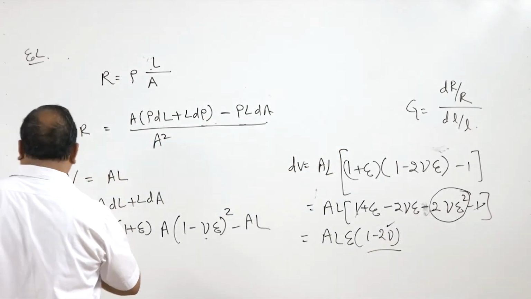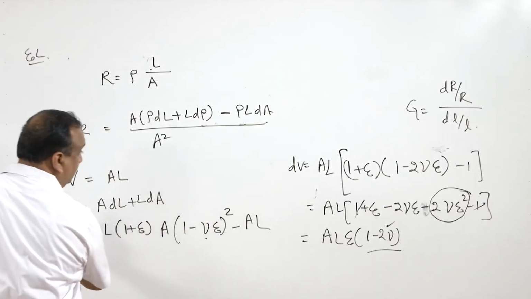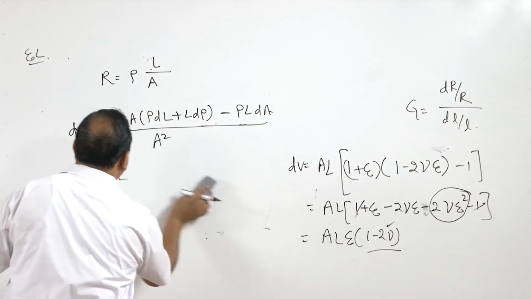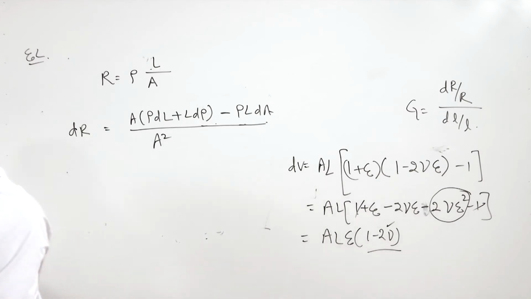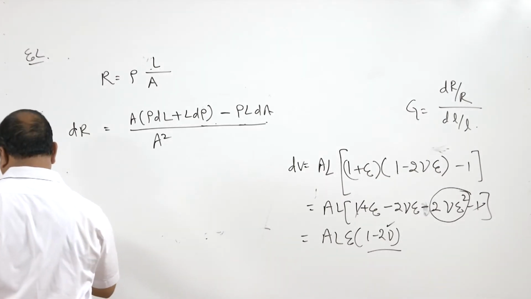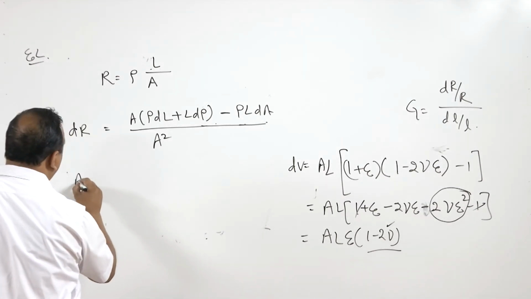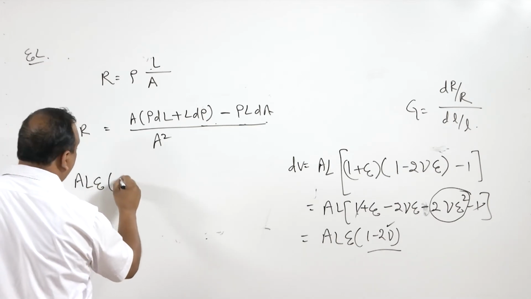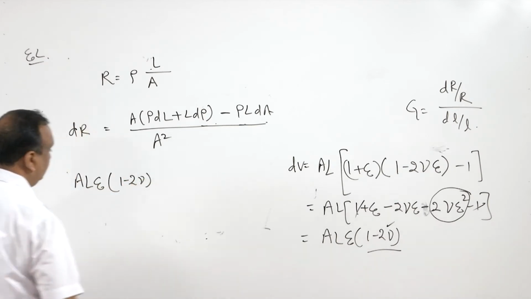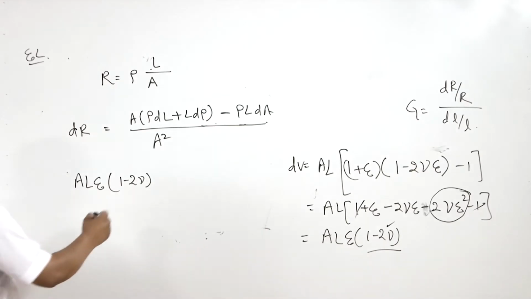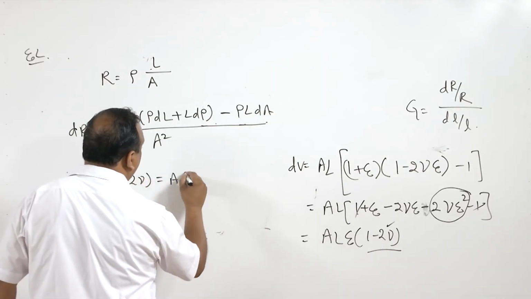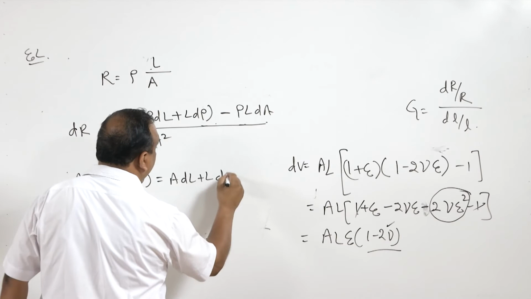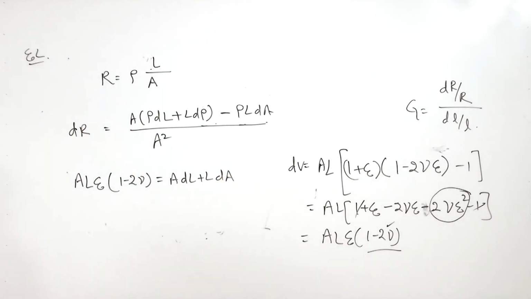So now AL epsilon (1 minus 2 nu) is the change in the volume dV. So the change in the volume, AL epsilon (1 minus 2 nu), is equal to A dL plus L dA. It is always there.